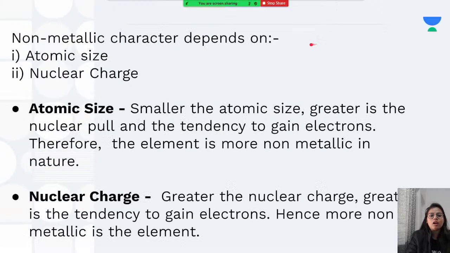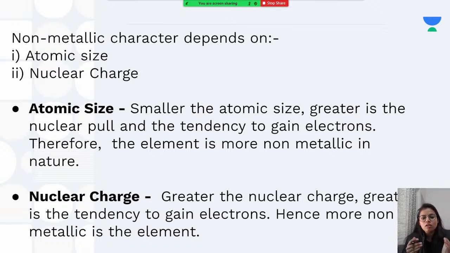Now talking about what the non-metallic character is dependent on. First of all, the atomic size. The smaller the atomic size, the greater will be the nuclear pull and the tendency to gain electrons. Therefore the element is more non-metallic in nature.